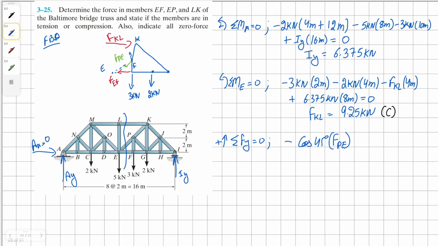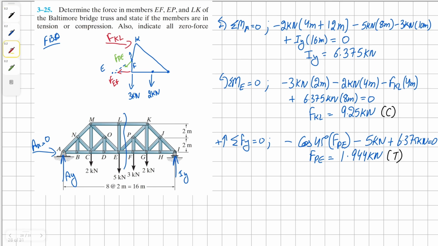And then we're going to have downwards external forces at F and G. Adding them together, it's negative 5 kilonewtons. And finally, going upward is IY, which is 6.375 kilonewton, all equals to 0. For force PE, we get our solution as 1.944 kilonewton. Positive, so that means we assumed our vector direction to be right. And this vector tells us that this member is in tension.